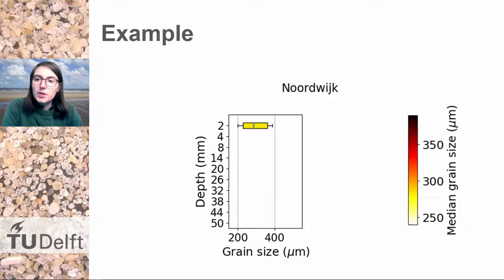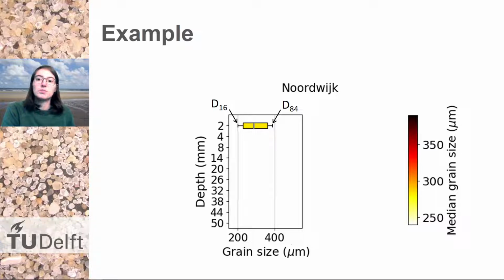First of all, the upper 2 millimeters. You can see the D50, that's a vertical gray bar, but also the color of the box plot is the D50, which is here around 280 micrometers. Then the box plot borders are the D25 and the D75. The D16 and the D84 are indicating the whiskers. All the details of this are not super important for now.